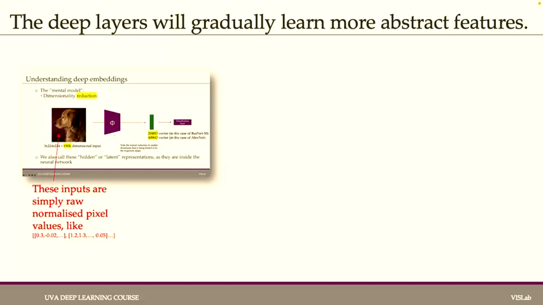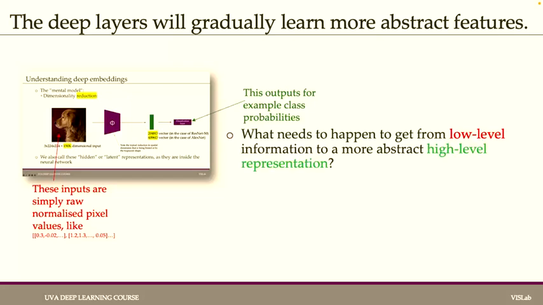Really, really uninformative, basically, if you look at them on their own. And here the outputs are what you want, really interpretable: they're class probabilities, you have predefined the class names, etc. So the question is, what needs to happen to get from all of these weird pixel values that can change rapidly if you're at the edge between background and object to this nice higher level representation.